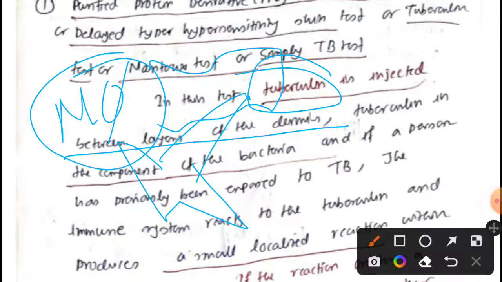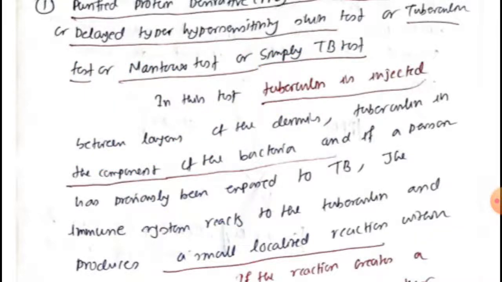There tuberculin plays a very important role. If you want to know how tuberculin provides a good home inside the macrophage for Mycobacterium tuberculosis, please find the Mycobacterium tuberculosis playlist and watch pathogenesis video number 1, then you can understand.